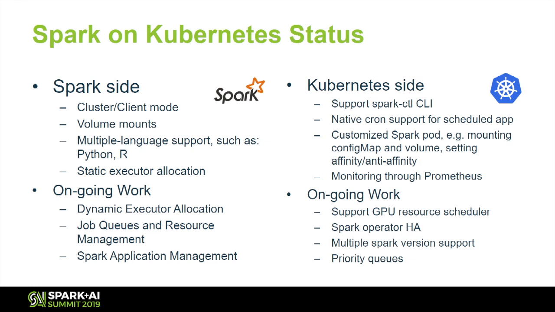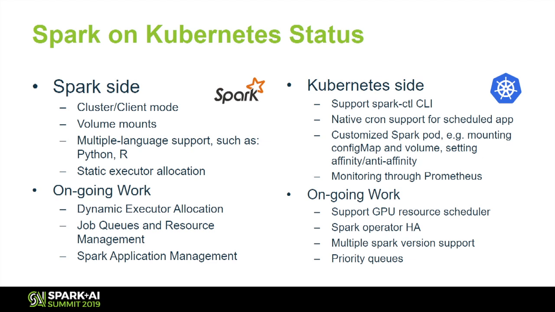Okay, so here's a quick summary of the Spark on Kubernetes status. I think most of these points are according to the latest version. In both the Spark community and the Kubernetes community, they did tons of work, such as making Spark cluster and client mode work perfectly on Kubernetes, and supporting local or shared storage volume mounts. Multiple languages like R and Python are supported recently.